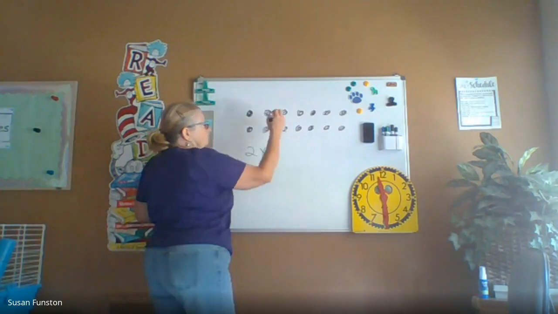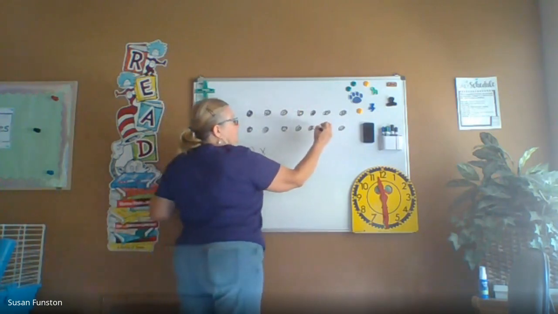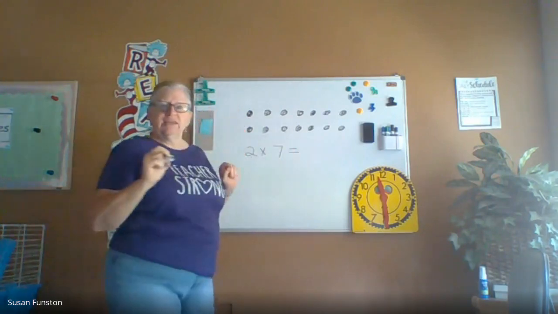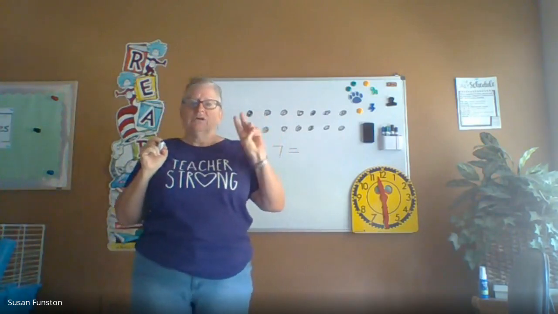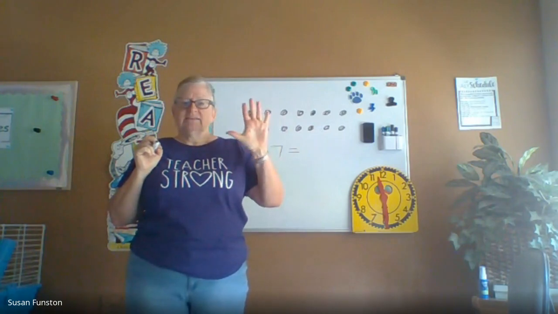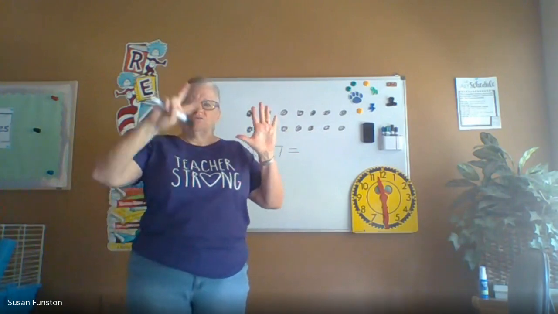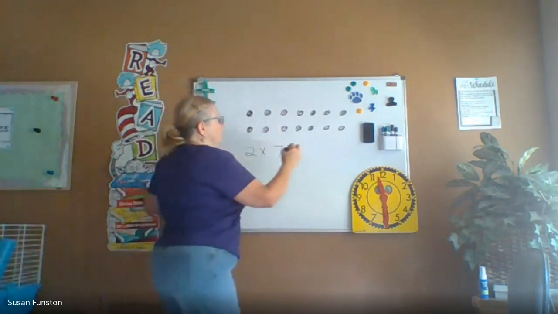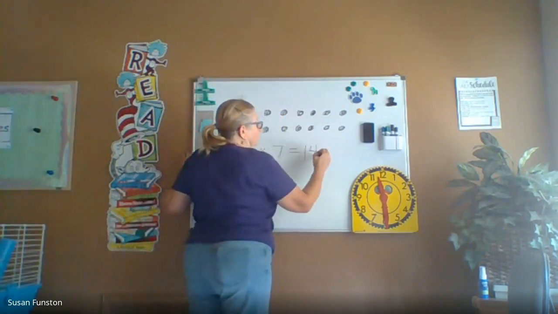How many in each row? 1, 2, 3, 4, 5, 6, 7. I can skip count by twos again. 2, 4, 6, 8, 10, 12, 14. So that's my 7 twos. So my answer is 14.